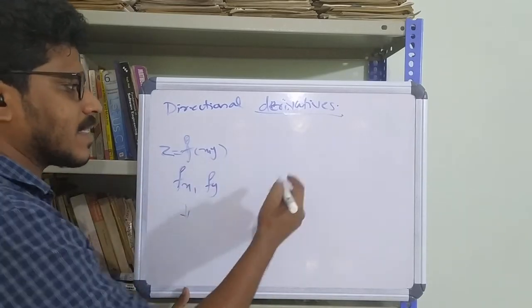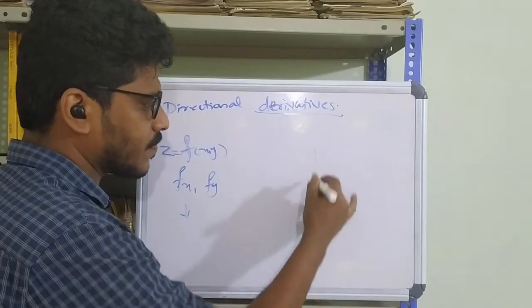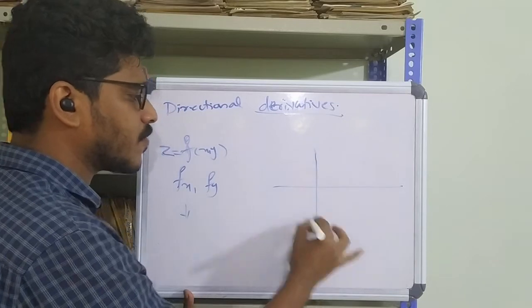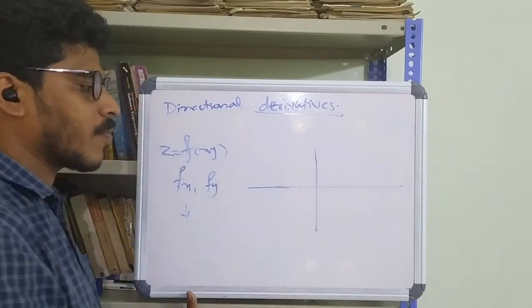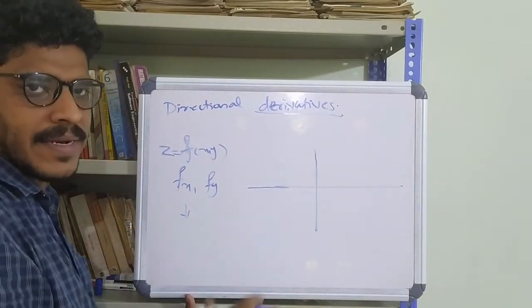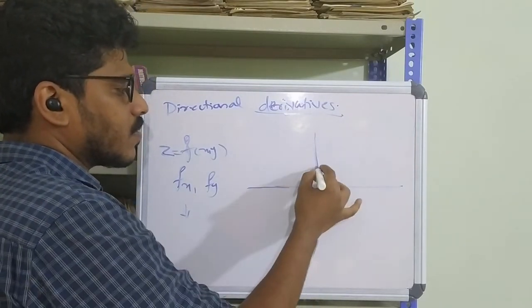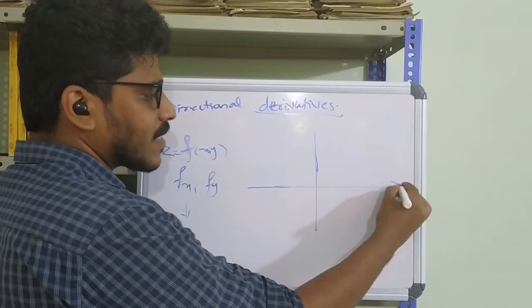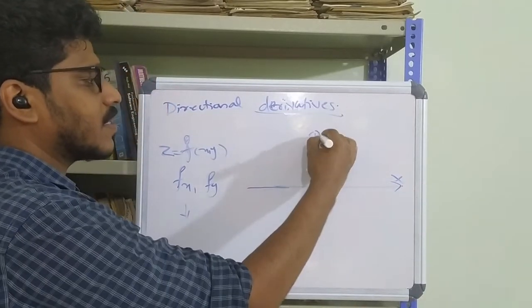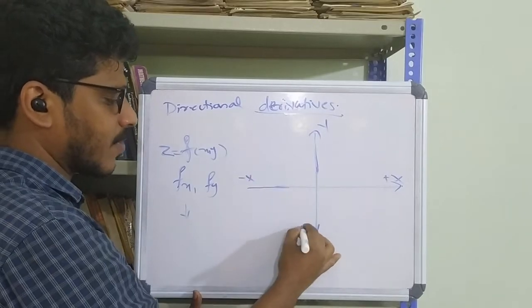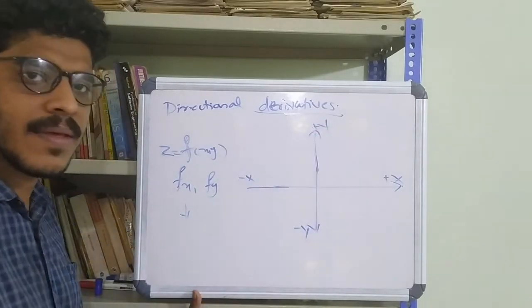So let's go to the domain set. You remember the word domain, right? Here we have a function of two variables, so the domain appears to be a plane. This is the x direction, and this gives the y direction: the positive x and the negative x, and negative y and positive y.